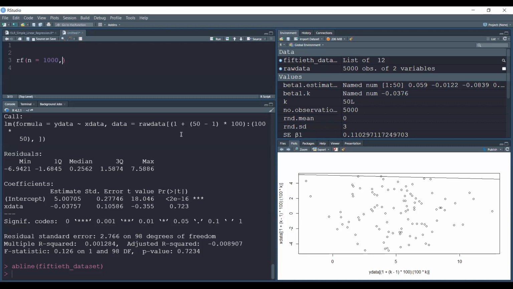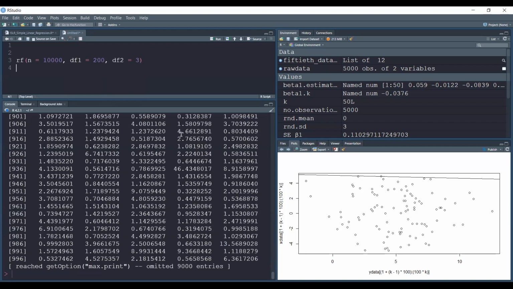So let's see. What if I simulate 10,000 and I say the first degree of freedom is the 200 observations, and the second degree of freedom is the 3 predictor variables? Okay, and I'll do summary. Let's call this, I don't know, generated.